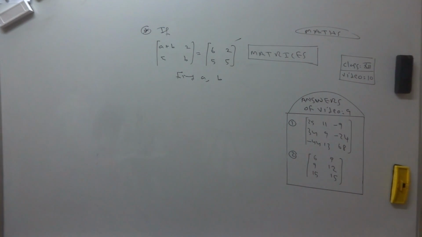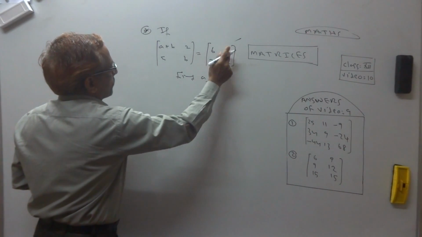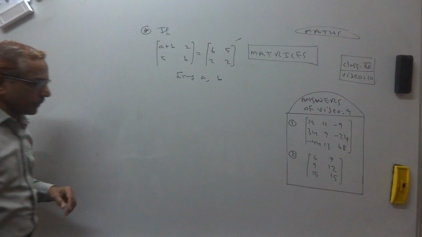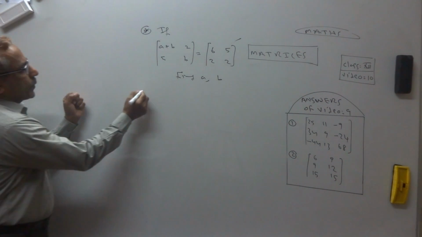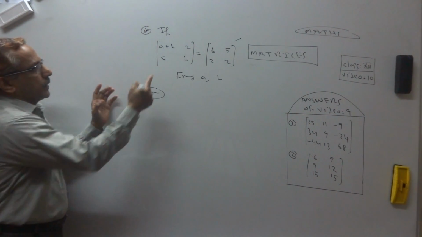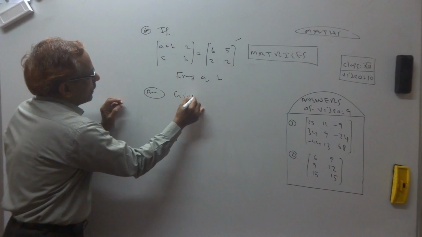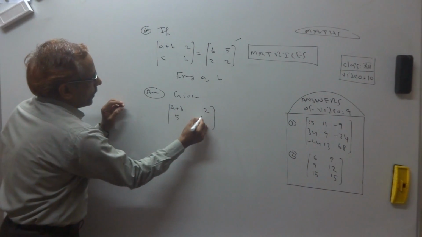This is the question. Yeah, this is 2 2s. So how we do this question from the old papers? Here, what is given? A plus B, 2, 5B.